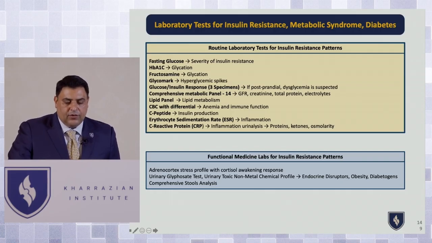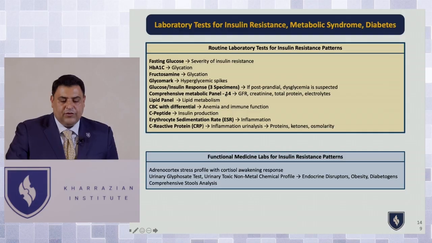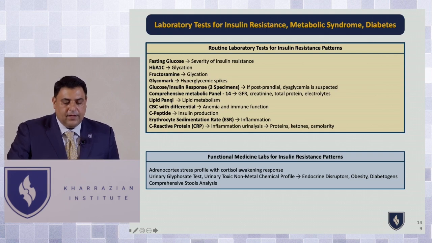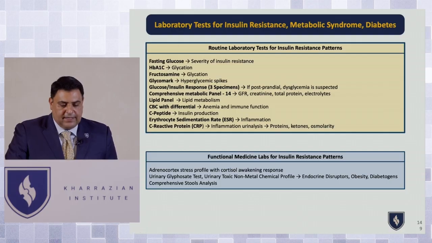You should always get a comprehensive metabolic panel to make sure they don't have any signs of complications, kidney disease, or liver disease. A lipid panel gives an idea of what's happening with their triglycerides, HDL and cholesterol. A CBC makes sure their immune function is healthy and they don't have anemia. C-peptide is a window to reflect how much insulin production can take place in the pancreas, and then markers for inflammation.